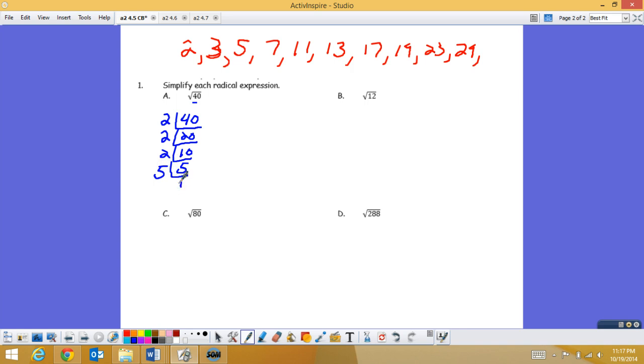And 5 goes into 5 once. Now, once I have all my prime factors lined up there, I look for pairs. I have two 2's here, so that is the number that goes outside.